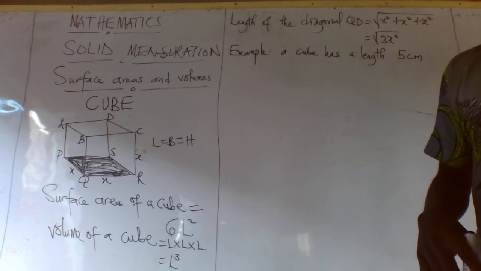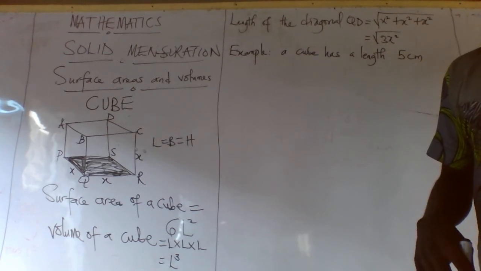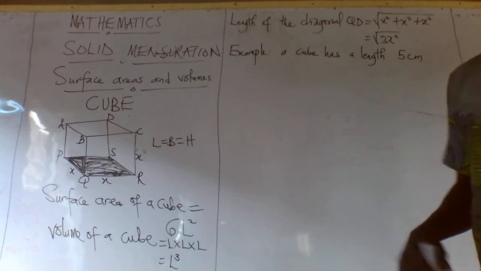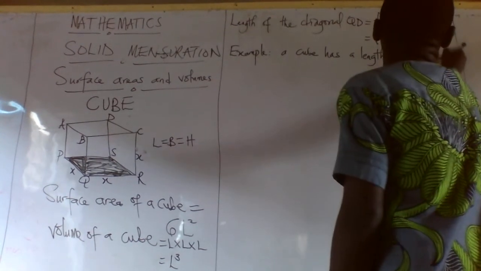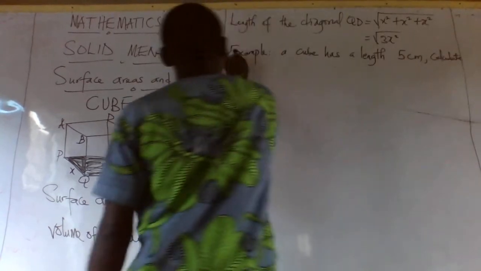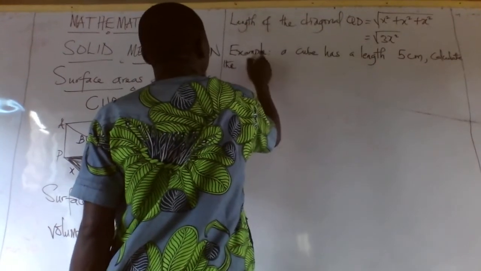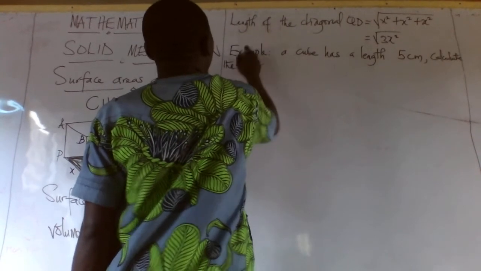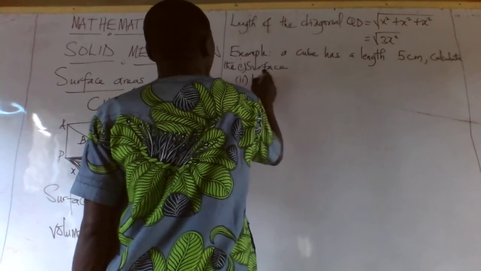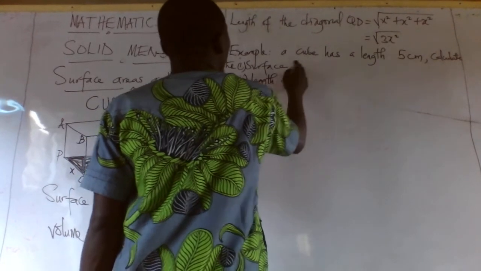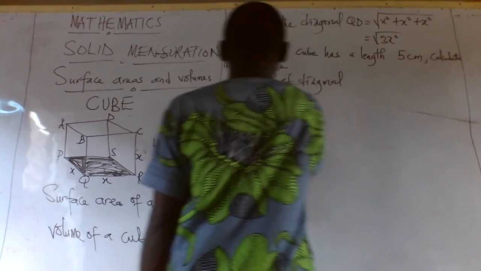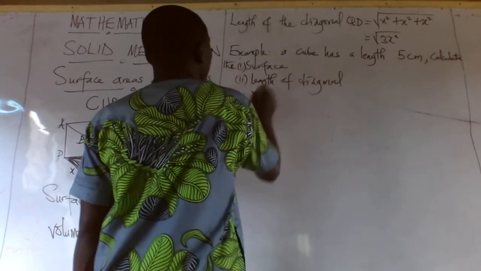Calculate one, the surface area, two, the length of the diagonal, and three, the volume.